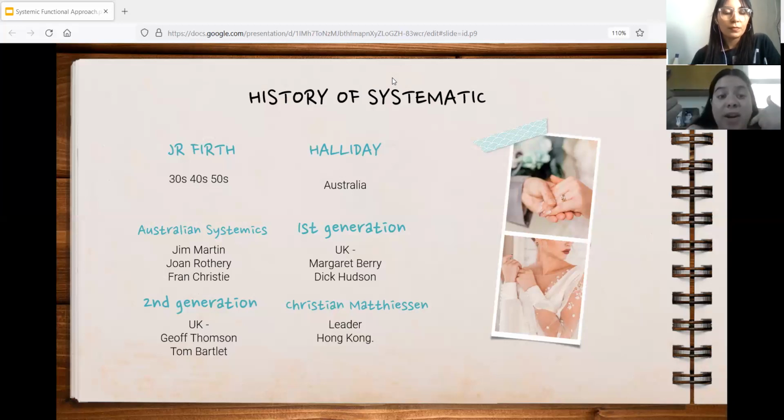And a second generation has evolved, including Geoff Thompson in Liverpool, Tom Bartlett in Cardiff. And Christian Matthiessen has become one of the leading figures in the field and is known in Hong Kong.